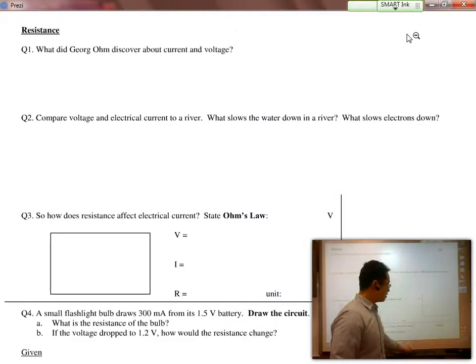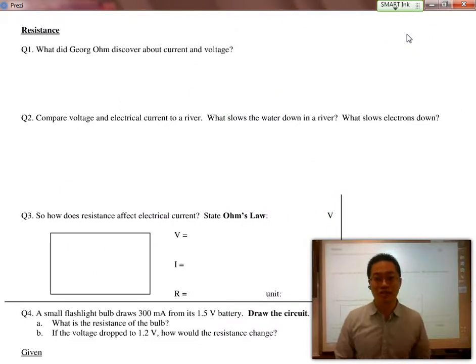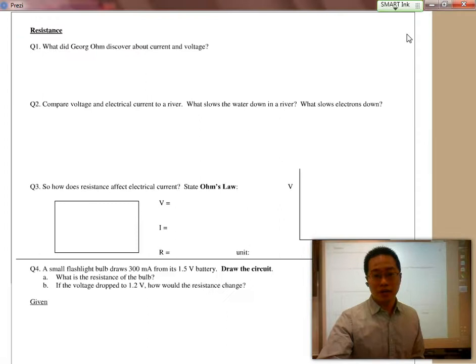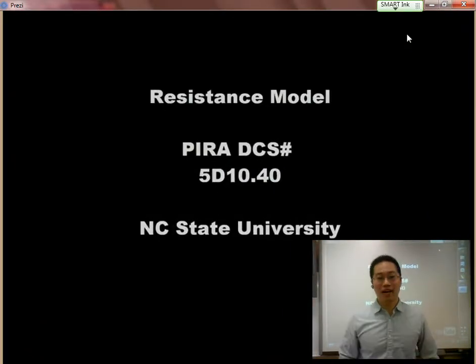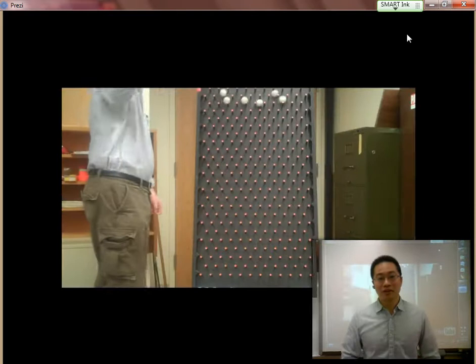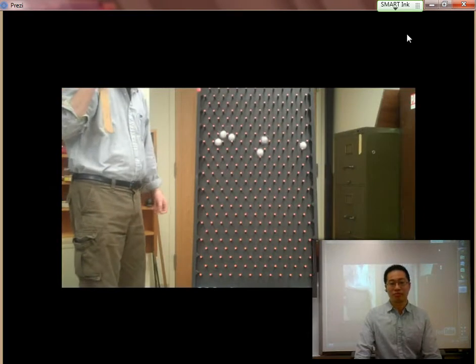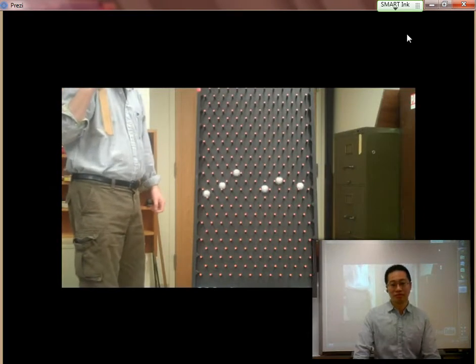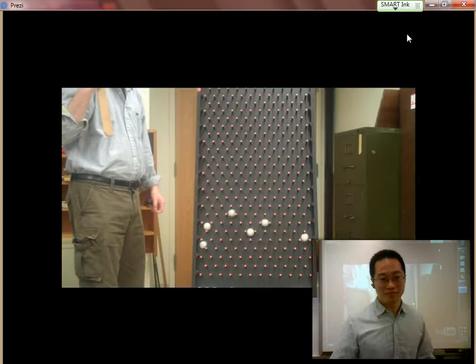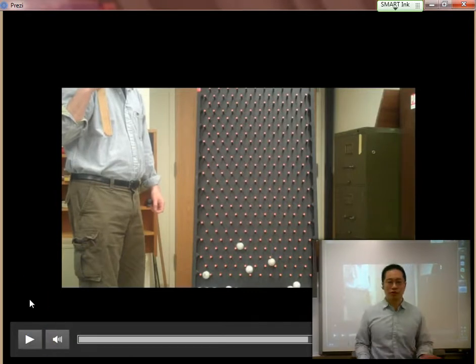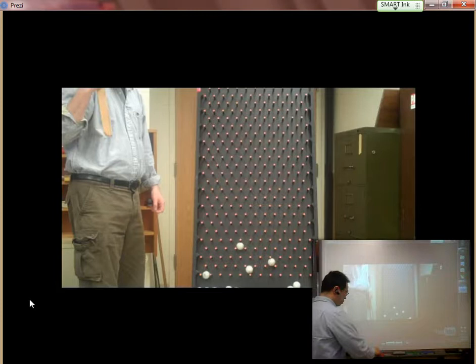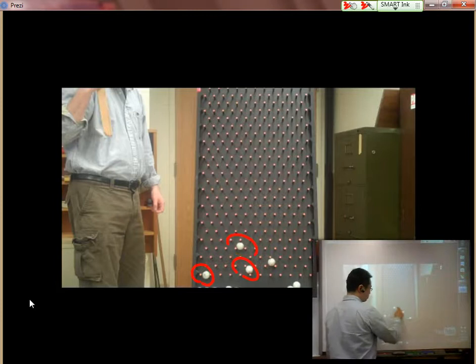But what exactly determines how much resistance there is? Well, let's take a look at what resistance really is and how that works. Okay, so what does this model really represent? You see, the ping pong balls are the electrons.